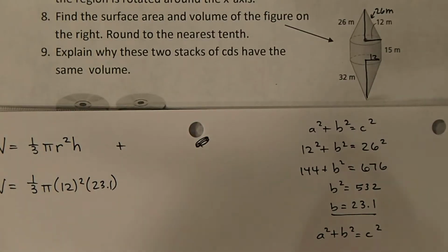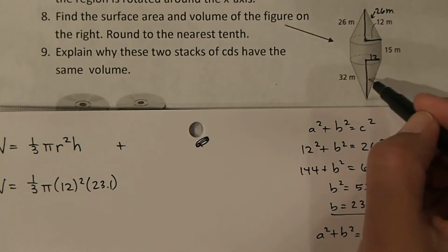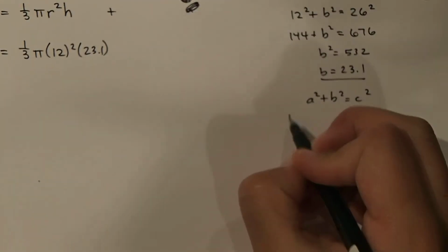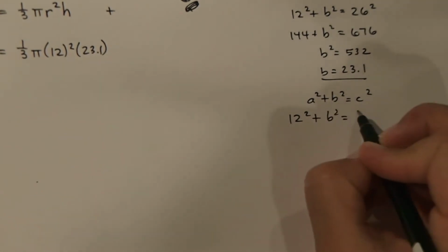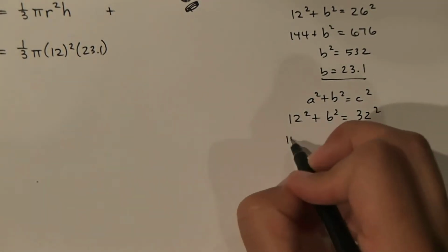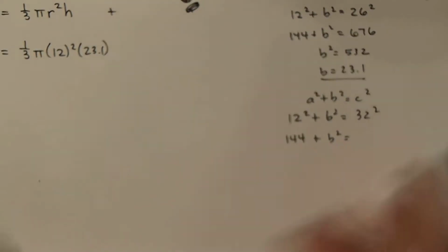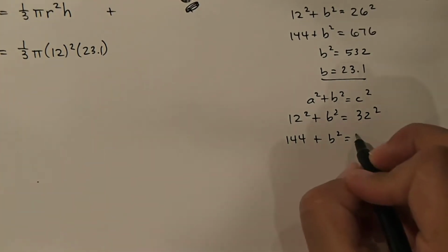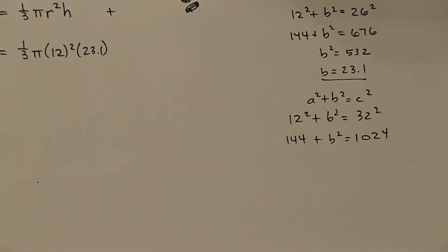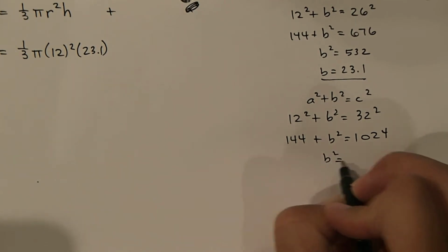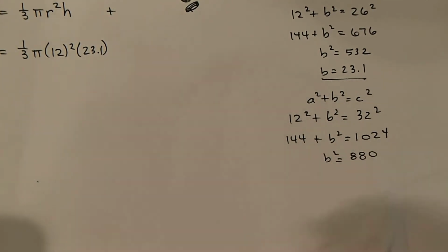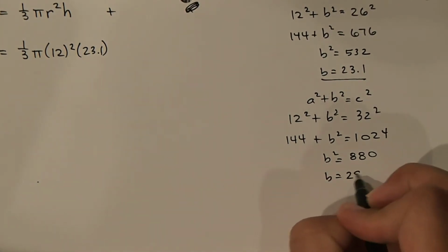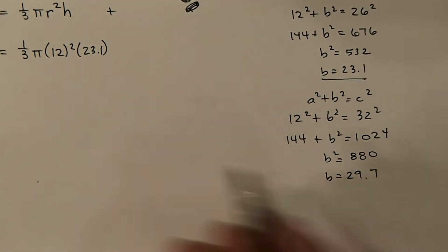So 12 squared plus b squared equals 32 squared. 144, so it's 1,024. So b squared equals 880. And the square root of 880 is 29.7.